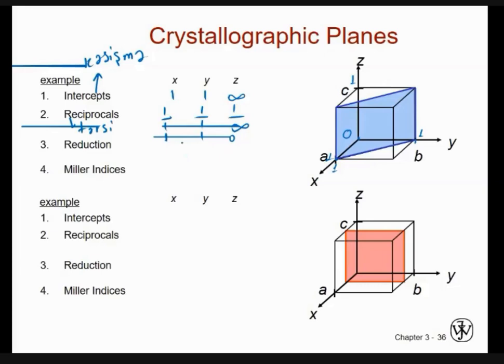It is an integer, so you don't need to manipulate. We should have integers. So here it's all integers, so 1, 1, 0. And enclose it in a bracket. That's Miller indices that represents that plane. For this one, this plane, red plane intersects x-axis at 0.5.